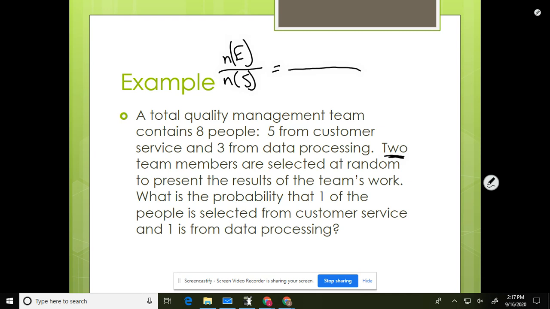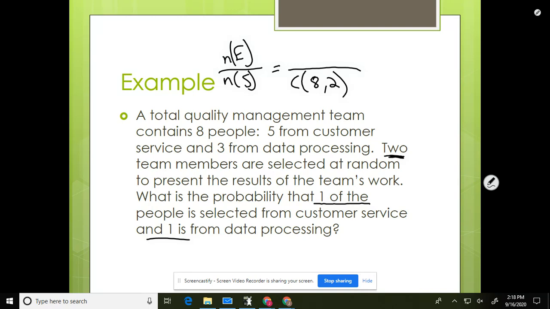So I have 8 people to choose from, and I'm selecting 2. That's all my possible outcomes. That's my sample space. Numerator, I need 1 from customer service and 1 from data processing. So we're going to do this separately here.